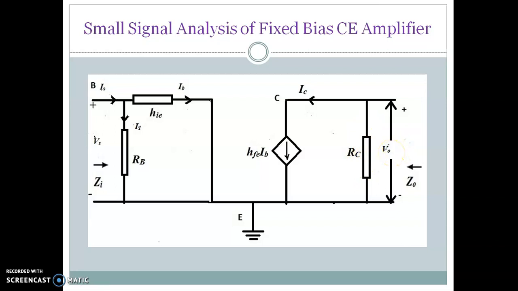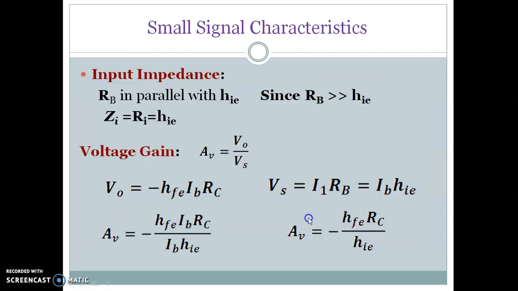And Vs will be equal to, since these two are in parallel, the voltage drop will be the same, either I1 into RB or IB into HIE. But I'll prefer IB into HIE because that will help me eliminate the IB term. So V0 is equal to minus HFE-IB RC and Vs is equal to IB HIE. Therefore IB can be cancelled and your AV will be equal to minus HFE RC by HIE.